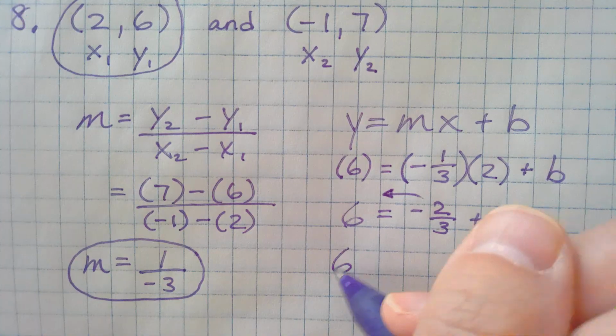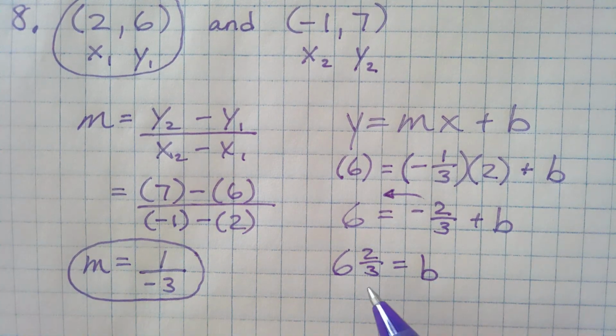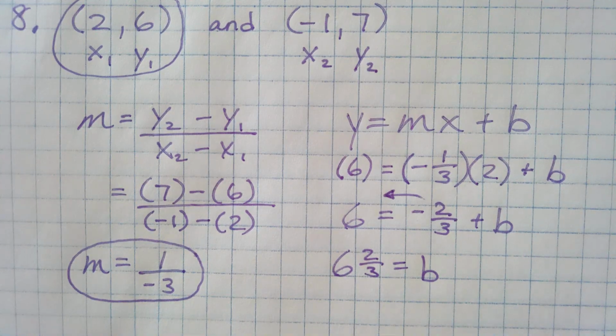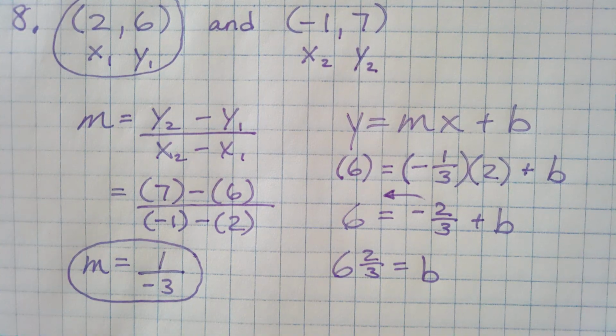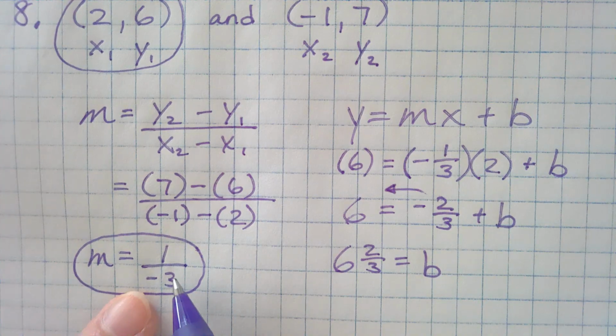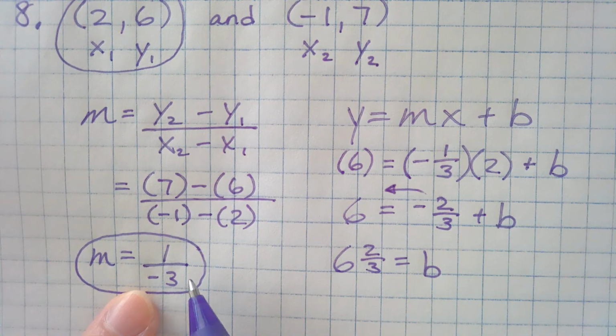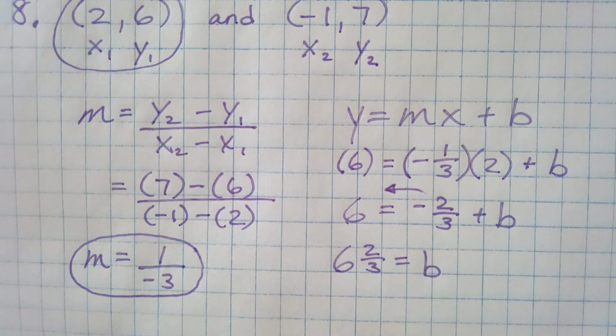So my answer for b is 6 2/3. Do I need to change it to a mixed number? No. Do I need to change it to an improper fraction? No. Do I need to change it to a decimal? Definitely no. Just like right here, I didn't change it to 0.33333. I kept it as a fraction. So here, I should keep it as a fraction as well.